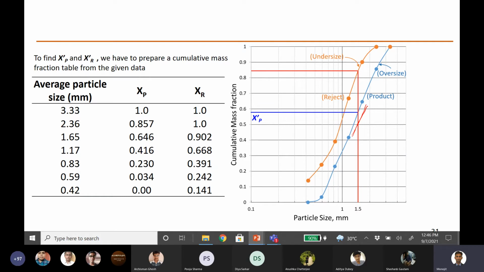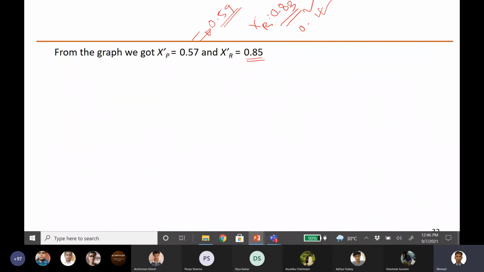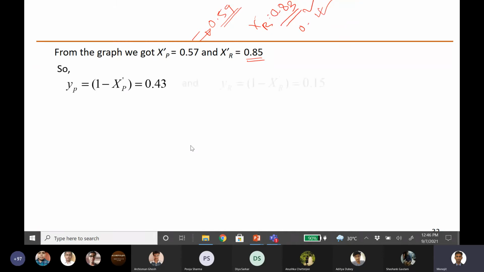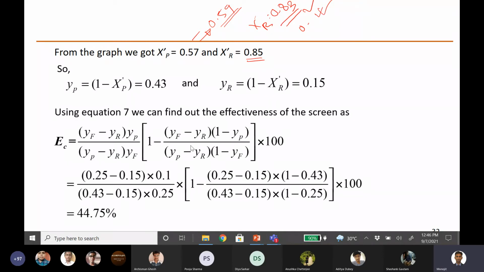But see this part, you have a curve here. So that's why it's varying. Now it might look like a very small variation. You check the efficiency of the screen using the value XR equal to 0.83 instead of 0.85. What will you get? I have an Excel, so let me check.